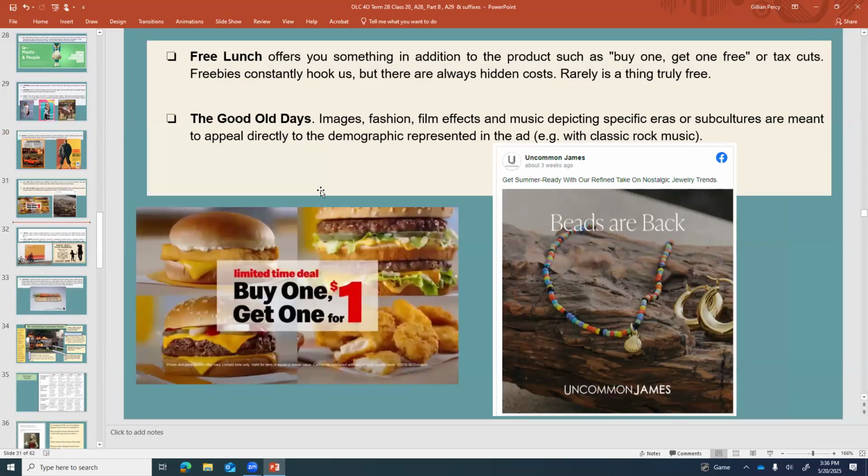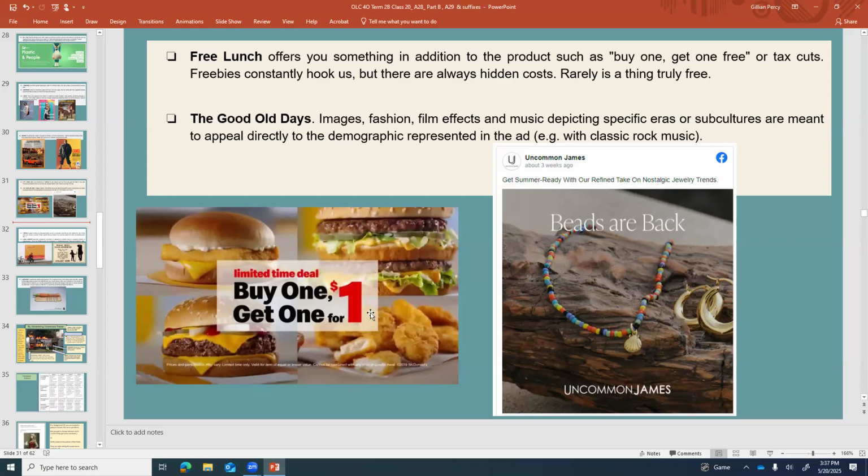Free lunch. The idea that you're getting something for free. Buy one, get one free. Buy one, get one 50% off. Buy one and get this extra toy. Tax cuts. They'll hook us in. There's usually hidden costs. Usually they just kind of raise the price of the original. Here would be one from McDonald's, or Burger King, I can't quite see.